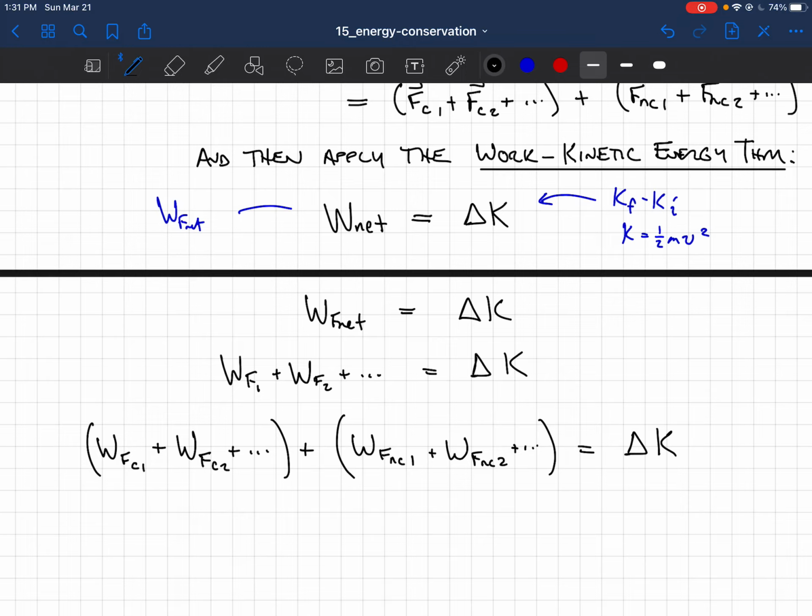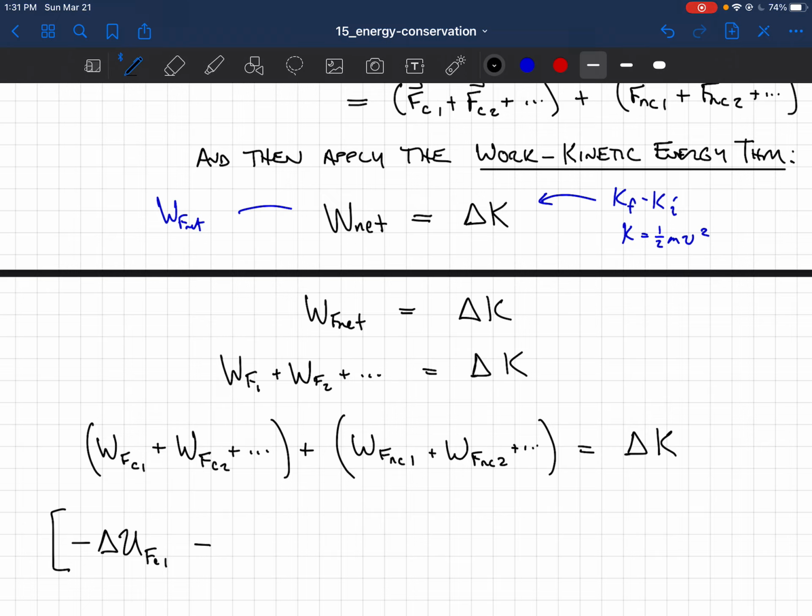Well, what do we get from the work done by the conservative forces? We have a definition, which is that any conservative force leads to a change in the potential energy. The definition was that the change in potential energy was minus the work done by the conservative force.